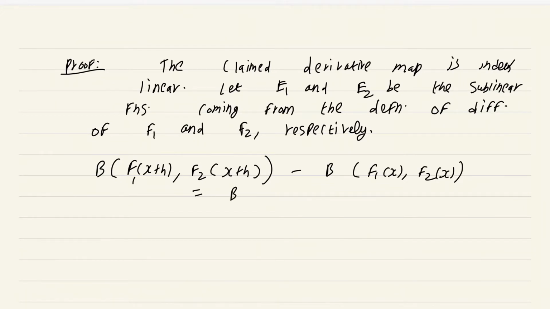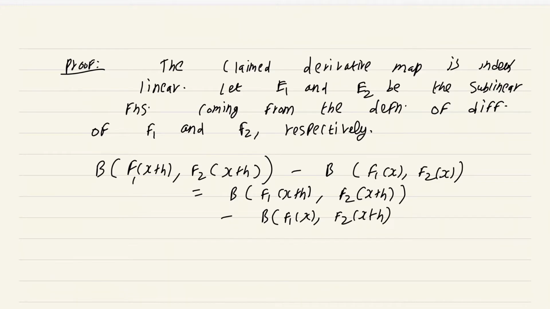So we just write B of f1 x plus h comma f2 x plus h, subtract B of f1 x comma f2 x plus h, then add back this term which is B of f1 x comma f2 x plus h, and finally we add the original minus B of f1 x comma f2 x. So this is the standard add and subtract, the combination of the quantities that you require.